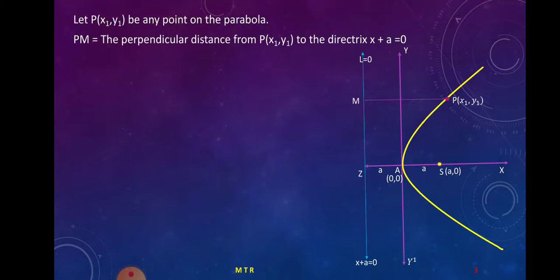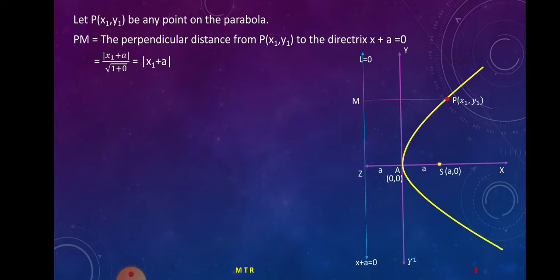Now this is equal to modulus of (ax1 + by1 + c) by root of (a square + b square), which means substitute the point (x1, y1) in the directrix. So x1 + a by root of, the coefficient of x is 1, plus b square, where b is the coefficient of y.